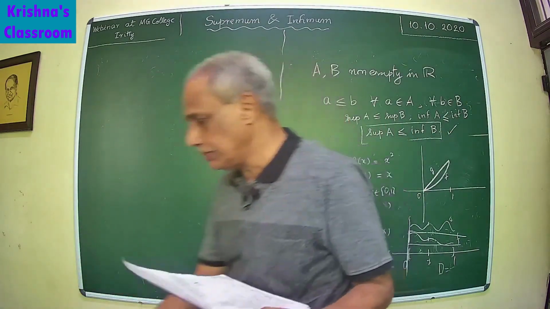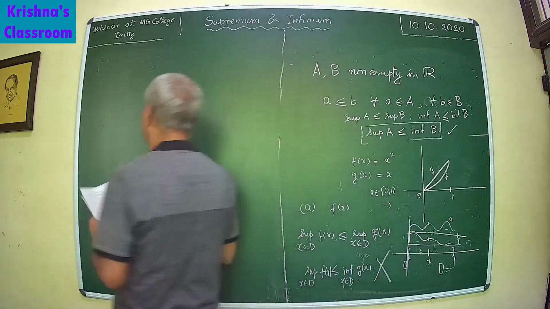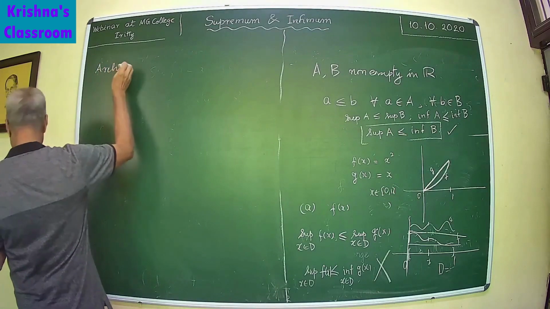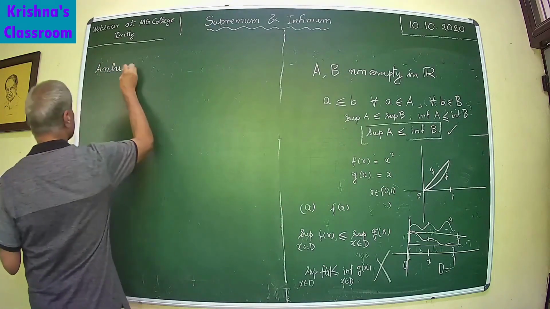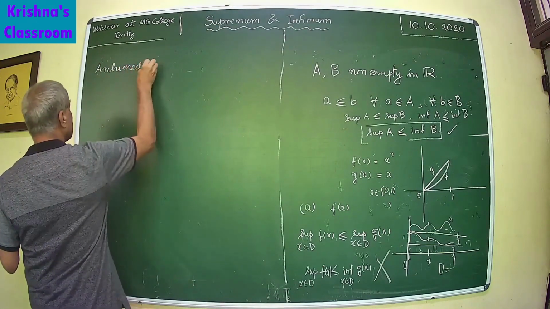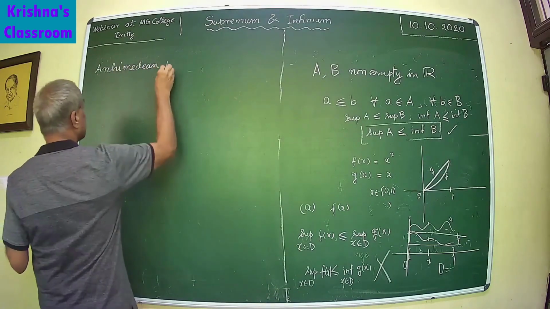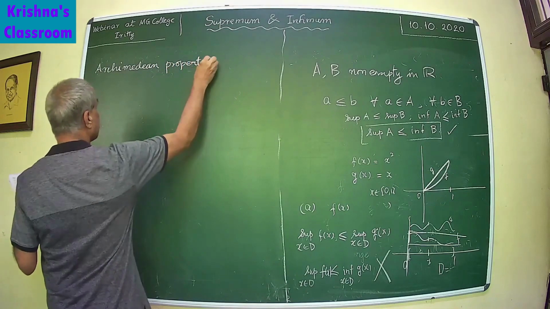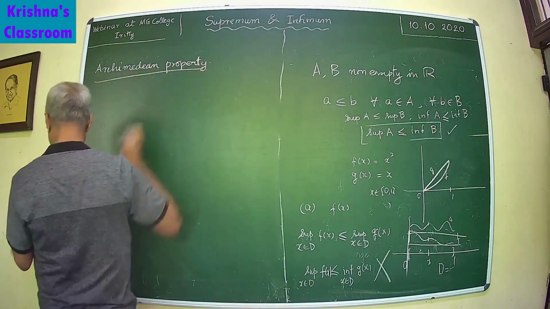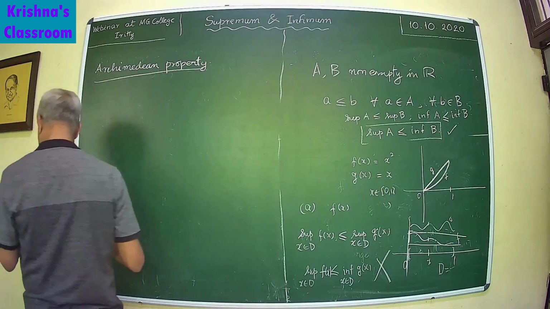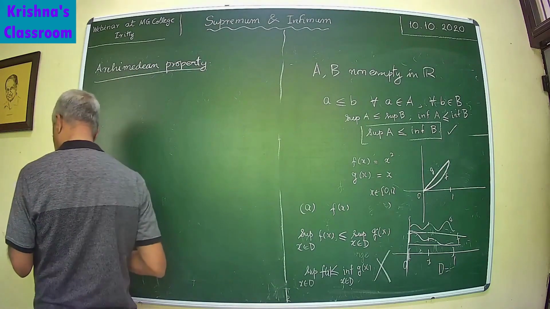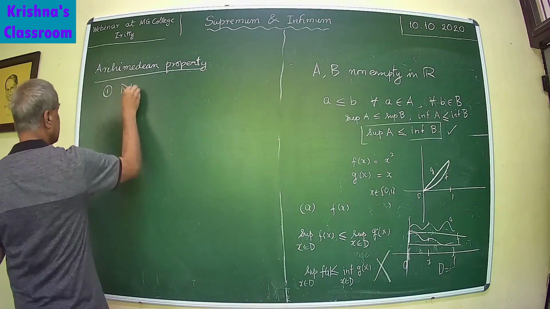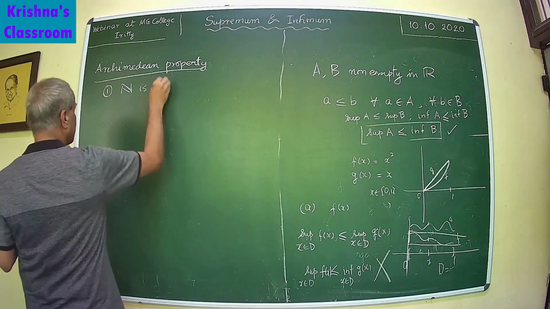So let me introduce a property called Archimedean. N is not bounded.